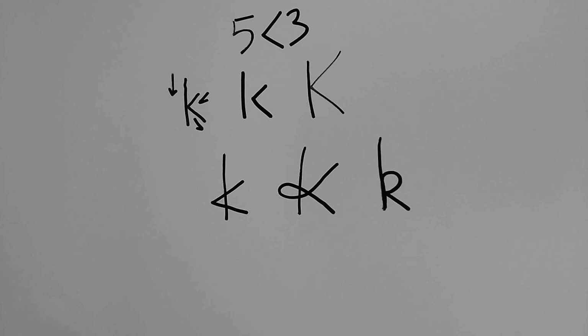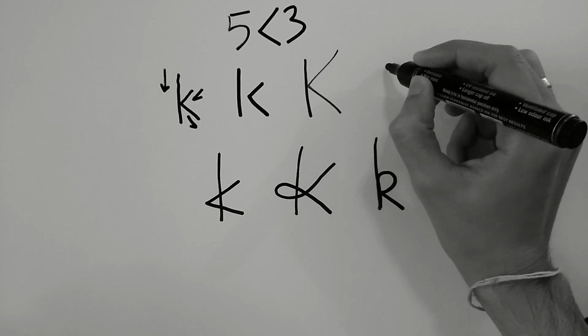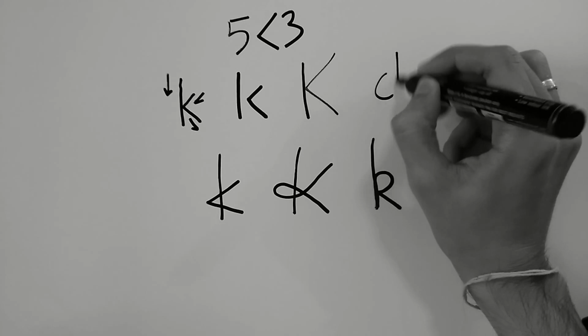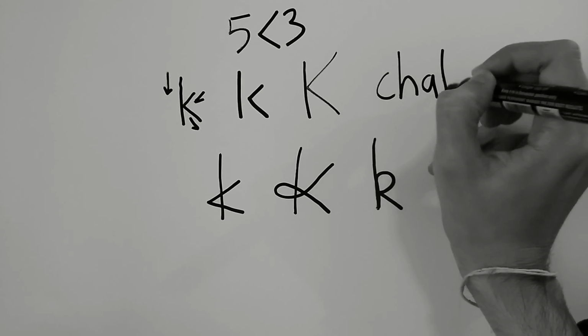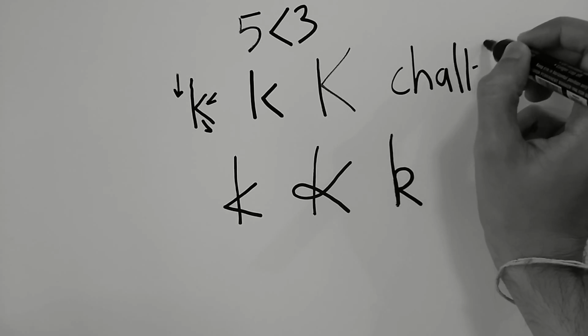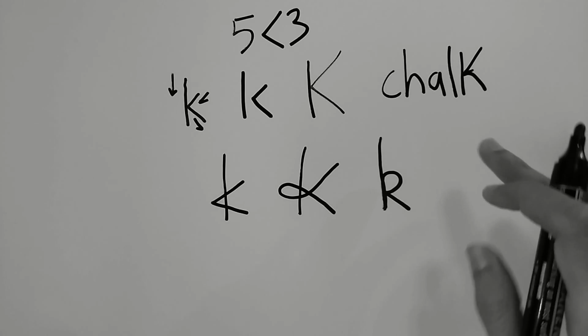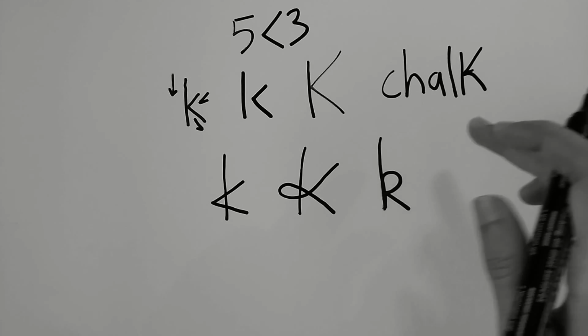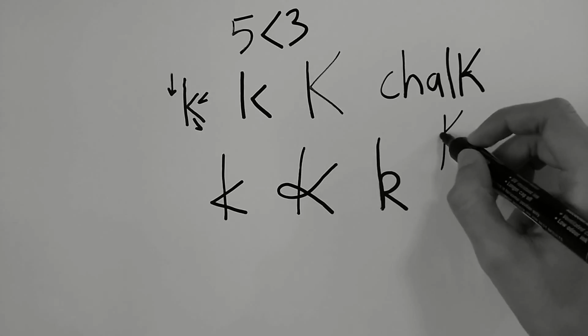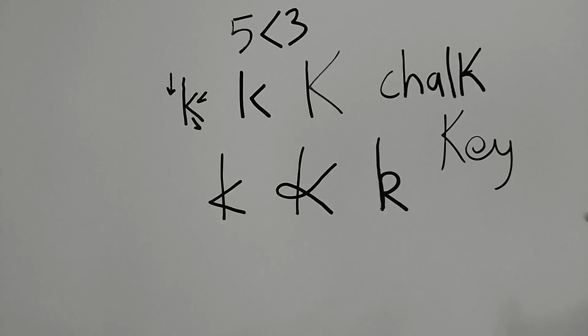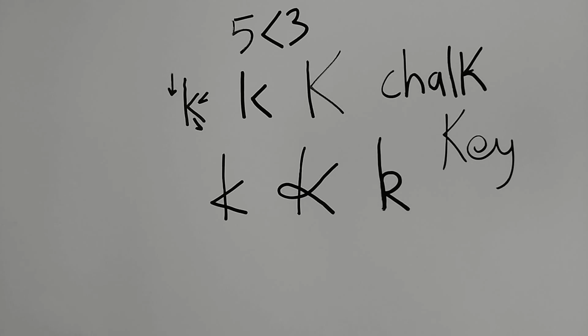He wants to feel that new feeling in between the work. Let me give you an example. I have written the word chalk over here, and I have written the K as a capital. I have written the word key over here, and I've written the letter K as a capital.